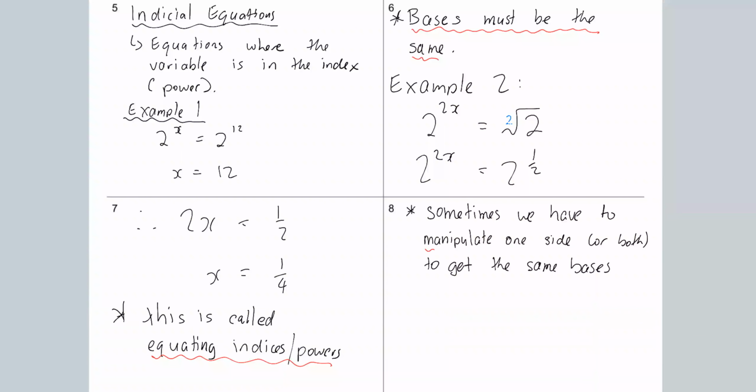Okay, so same basis is the key there. Sometimes we have to manipulate one side or both to get the same basis. While the bases are different, we can't apply this method. Of course, there is definitely a solution for x. We just can't do it using this method. Okay, so equating indices only works when bases are the same.